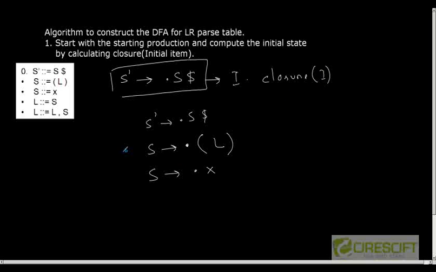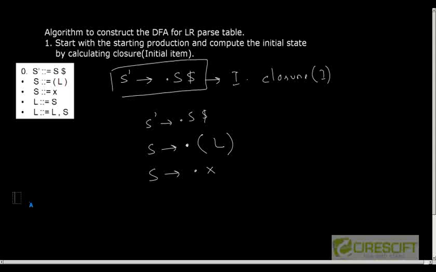Okay, so let me write it in a printable fashion. The first rule is to start with the starting production, and we will compute the initial state by calculating the closure of the initial item.